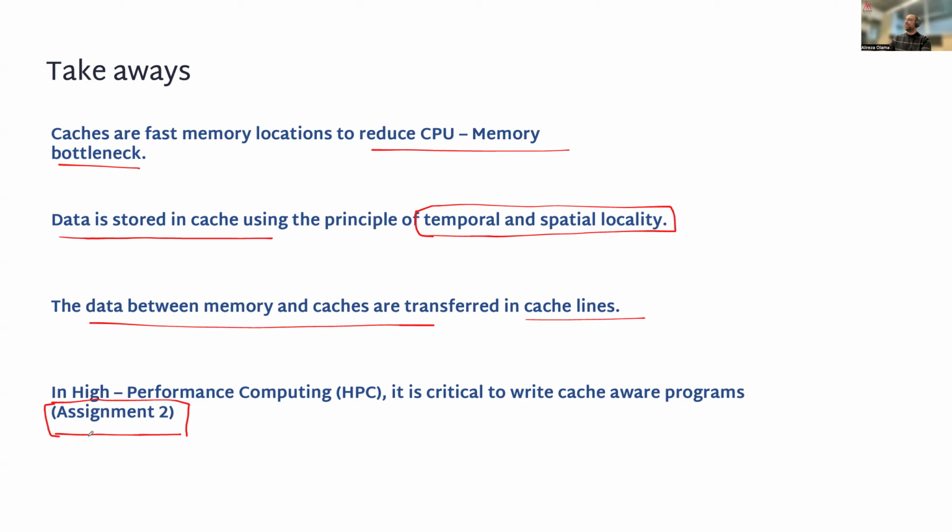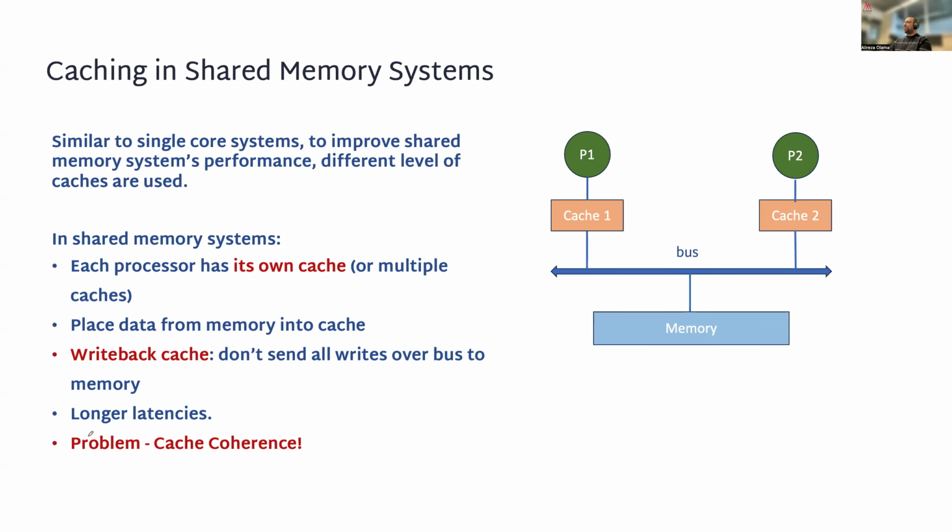All right, so this was about caches in uniprocessor systems. Now let's see what happens with caching when we have shared memory systems or multi-core systems. In multi-core systems as well as single-core systems, we use caches to improve memory performance. For example, in this case, we have two processors, P1 and P2, and each one has its own caches, right?